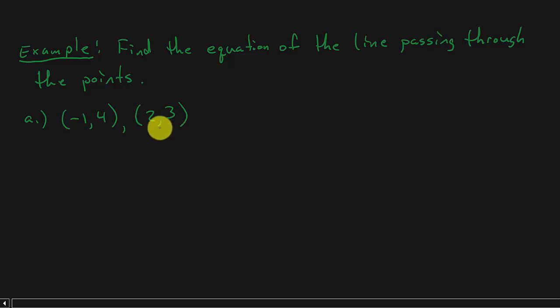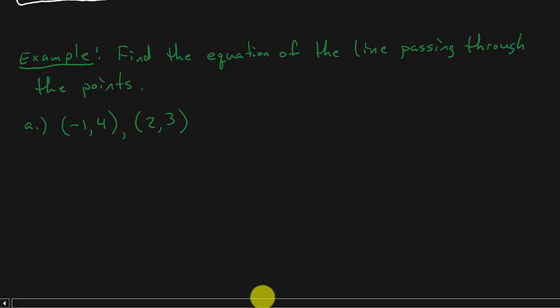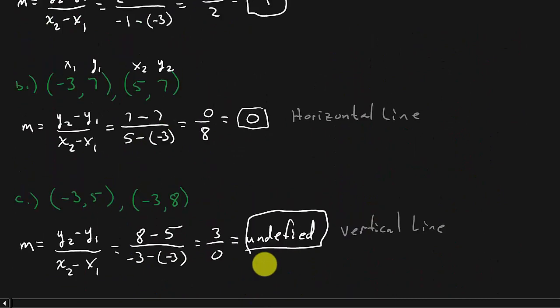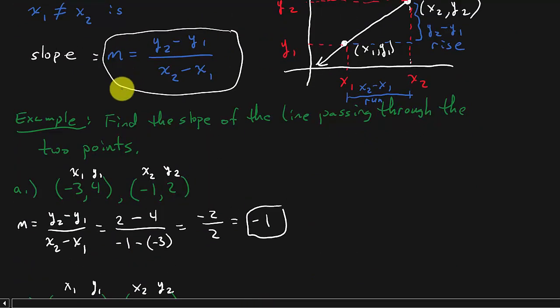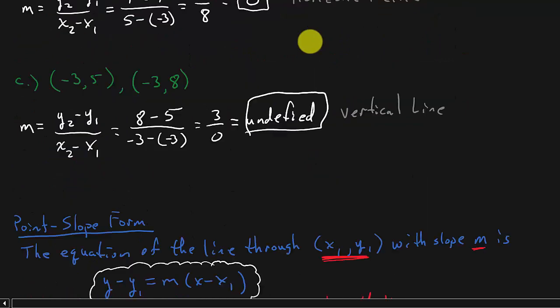Yeah, they actually give us 2 points, don't they? Do they give us the slope of the line? No, they don't give us the slope of the line. But look, we've got 2 points, don't we? And if we have 2 points, we can find the slope of the line. Okay, we just did that in these 3 examples here.